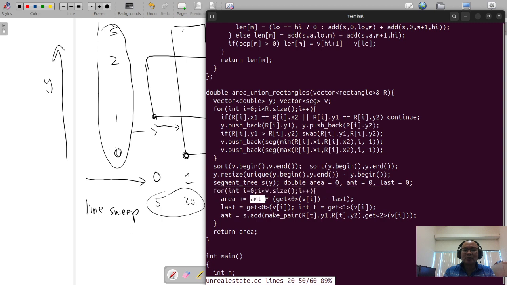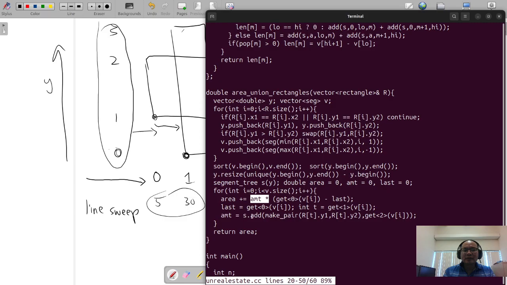The area is the amount, which is basically what we have seen in the area, the length of the intervals that's kept track by the segment tree times how far we travel. So the compression is based on the array index of this V. And then the values of V are the X values, and that basically says how far we travel times the length of the interval maintained by the tree.